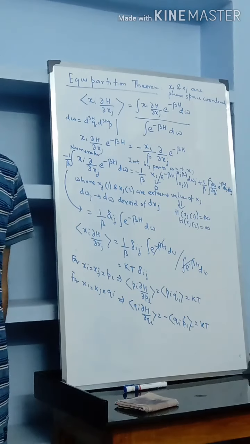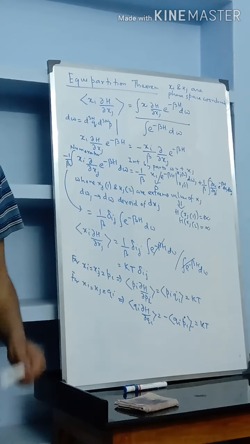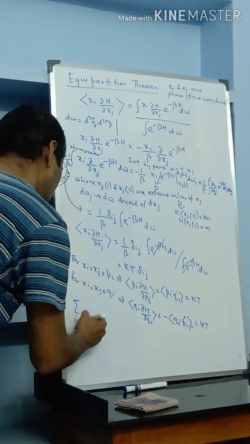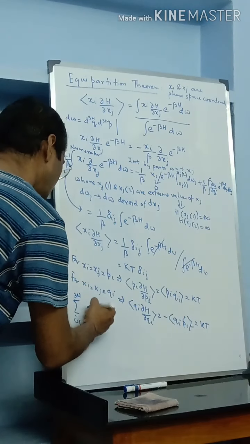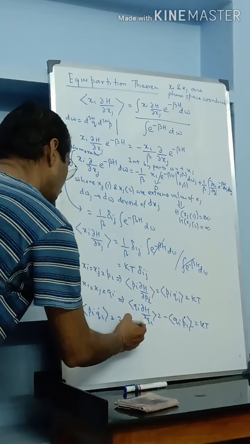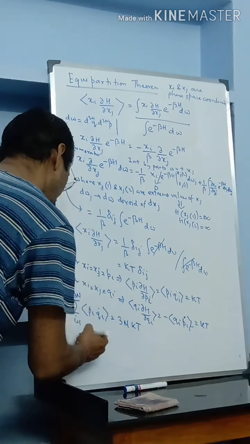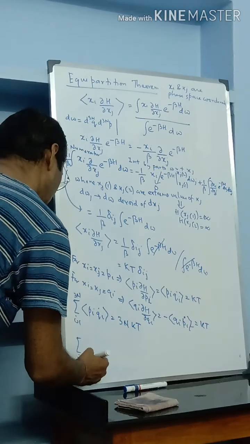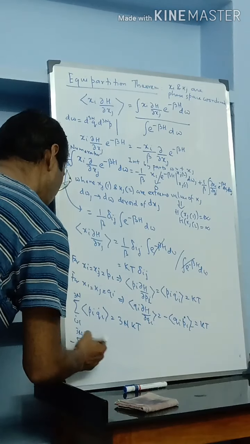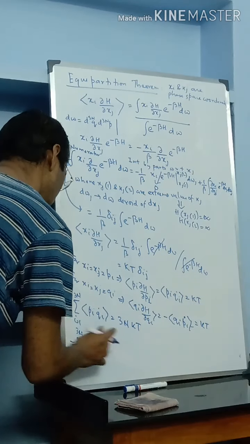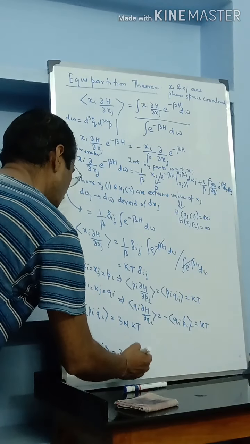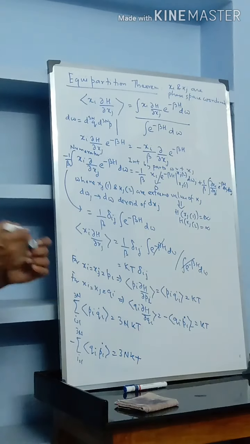And if we take a summation over all the degrees of freedom, then we can write summation of i equal to 1 to 3N, pi qi dot equal to 3N kT, and similarly i equal to 1 to 3N, if there are 3N degrees of freedom, minus of qi pi dot equal to 3N kT.